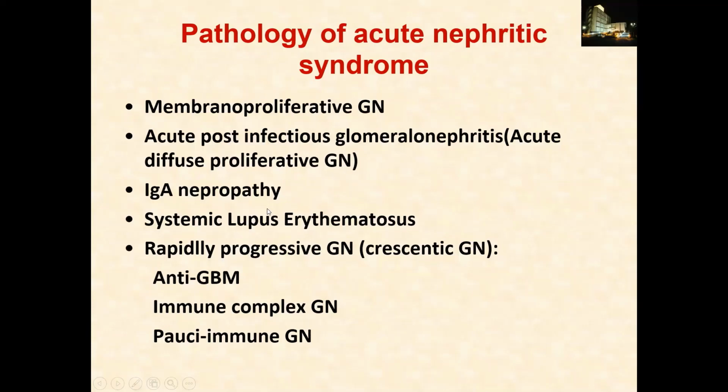And here the group of secondary or systemic diseases like systemic lupus erythematosus, and lastly, what could be presented by acute nephritic syndrome, the rapidly progressive glomerulonephritis or crescentic glomerulonephritis. In this group we have three items: anti-GBM, immune complex glomerulonephritis, and pauci-immune glomerulonephritis.